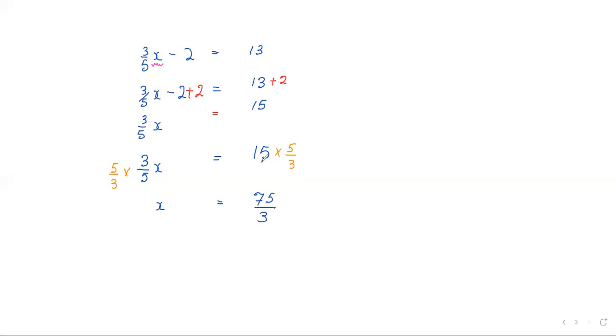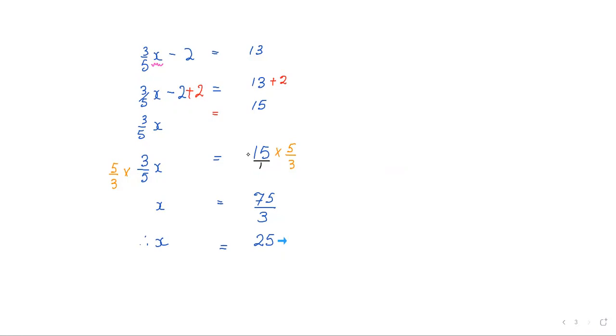You know, any whole number is over 1. 1 times 3 is 3, 15 times 5 is 75. We also know that 3 into 75 goes 25 times. Therefore, your x is equal to 25. Now, we have used the additive inverse there. We have made use of the multiplicative inverse here.